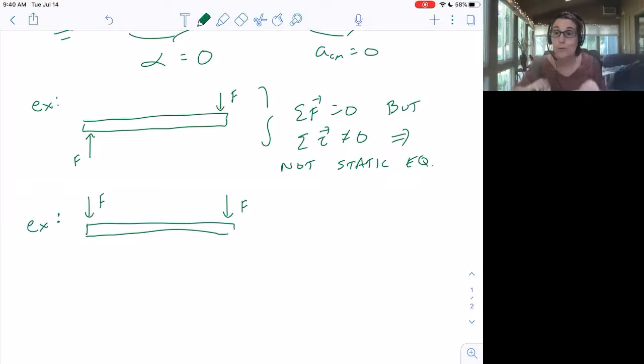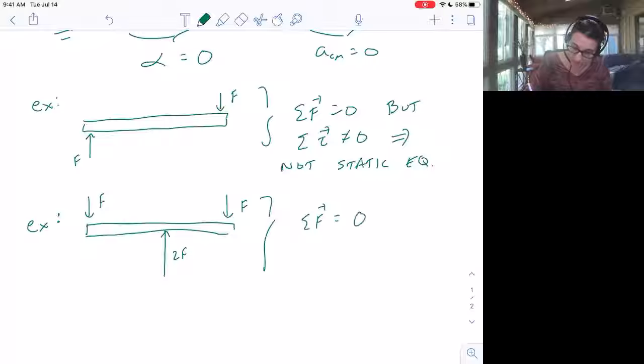It would make it move and have a net force in the downward direction. So then if at the center here, I actually have something that is twice that, then if we look at the sum of torques and the sum of forces, in this case the sum of forces is equal to zero and the sum of torques is also equal to zero. So this is static equilibrium.